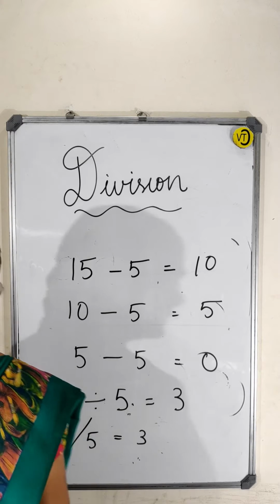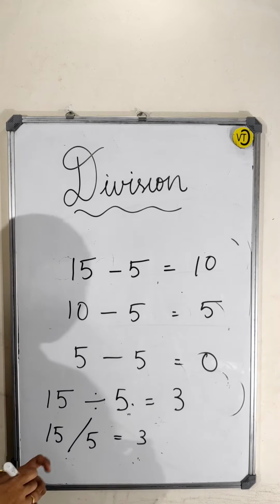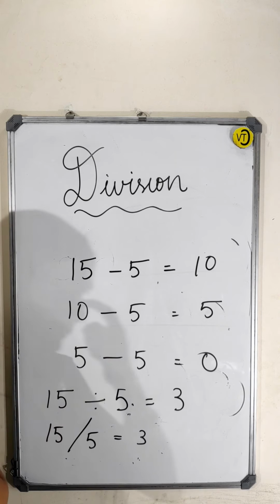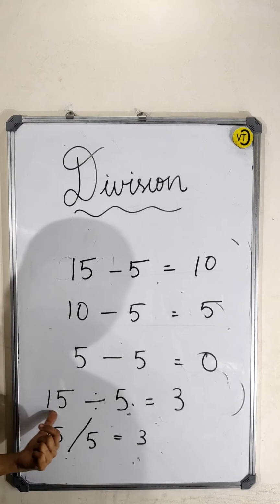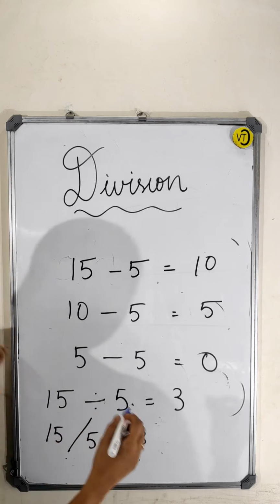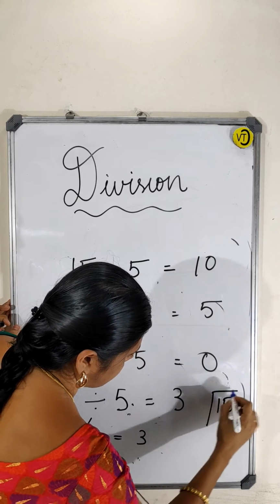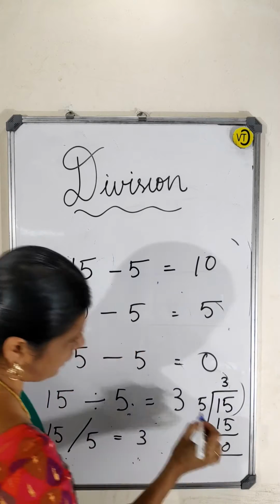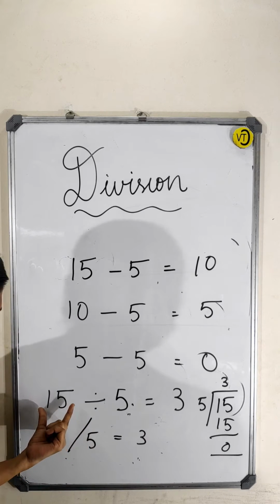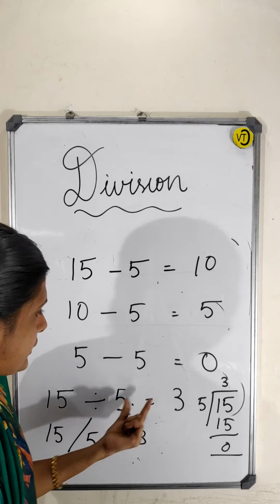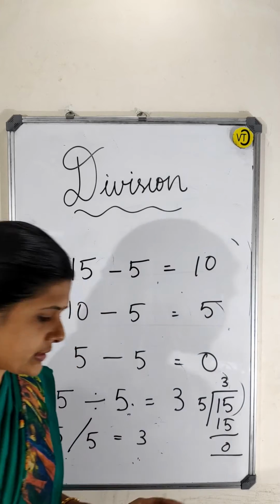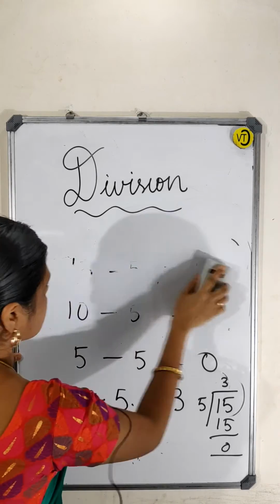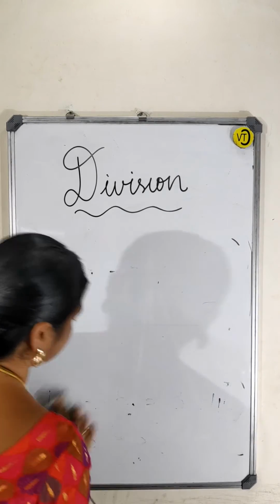Now I will tell you, 15 is the dividend, 5 is the divisor, 3 is the quotient and 0 is the remainder. I will tell you more examples, so you can understand better.